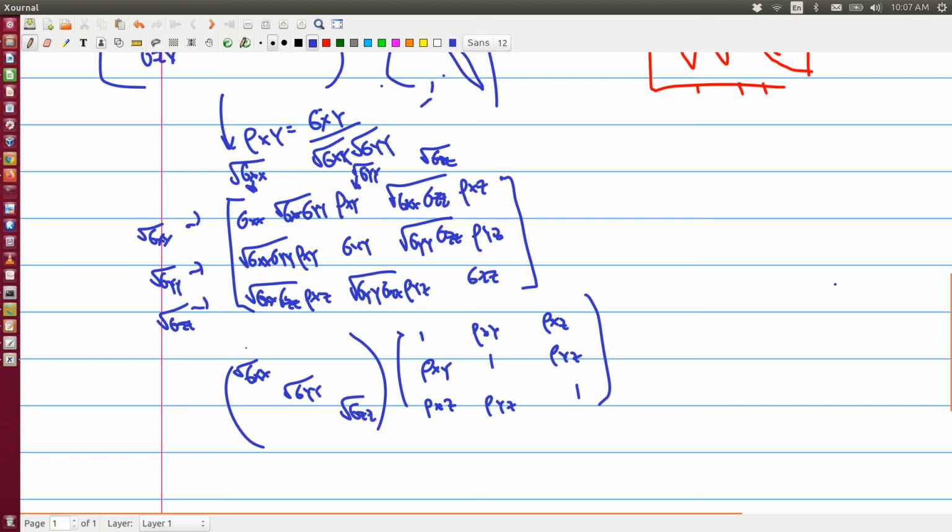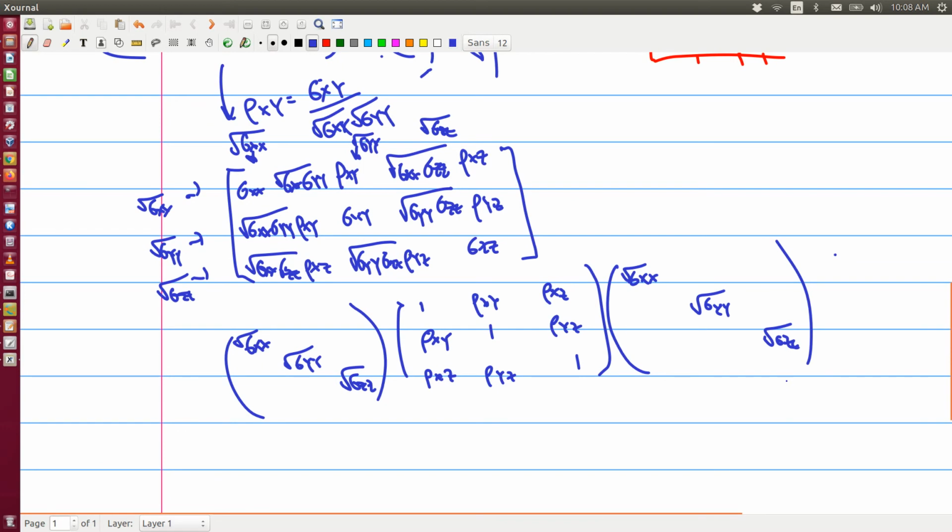If this one multiplies by this, in each row I'm multiplying by the square root of sigma x on this row, sigma y on this row, and sigma z on this row. And if I multiply on the left-hand side, it would be like multiplying this column by the square root of sigma x here, sigma y here, and sigma z here.